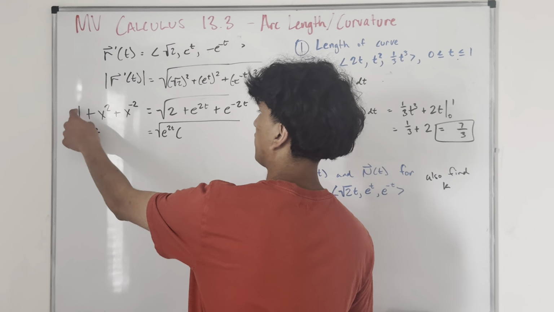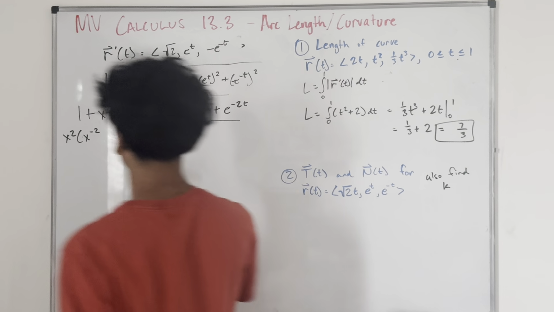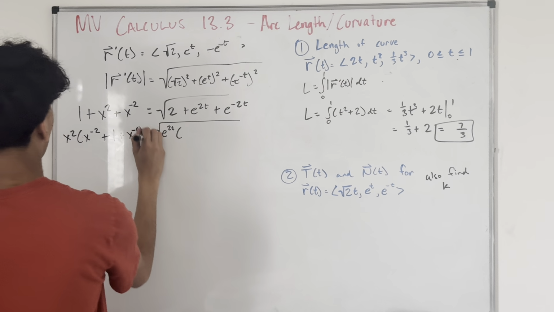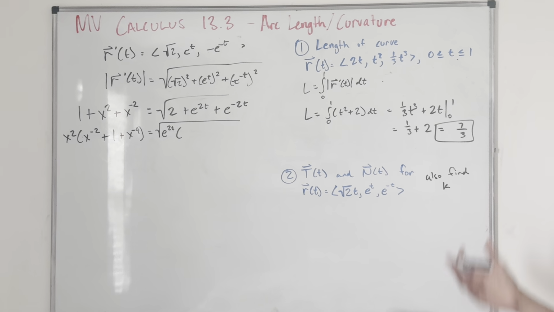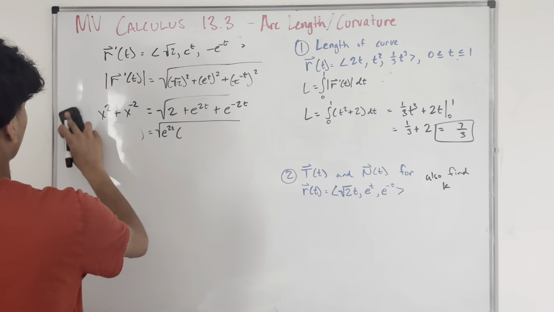Because when I factor out an x squared from 1, I get x to the negative 2. When I multiply it back, I go back to 1 plus x to the negative 4. And then you can see how we can do the same binomial trick that we did last time. So we can do the same thing for e to the 2t.